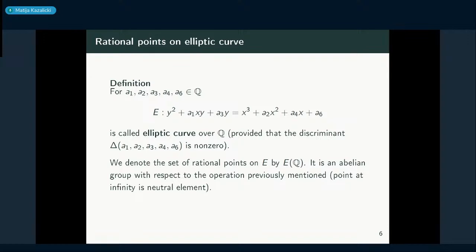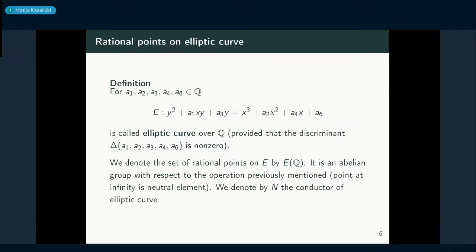What we're interested in is the set of rational points on this curve, the set of rational solutions, and one can show that this set is a group with respect to the previously mentioned operation. You take two points and draw the line through them, and this defines the third point. Here the point at infinity is the neutral element.